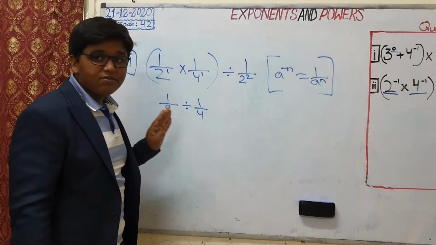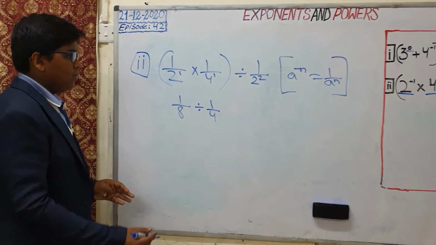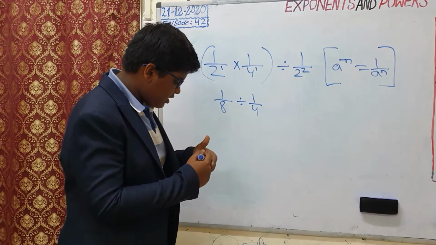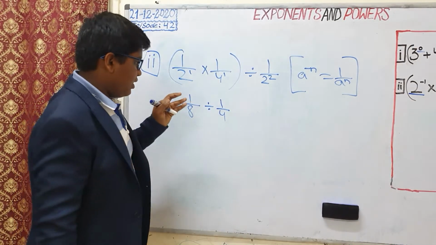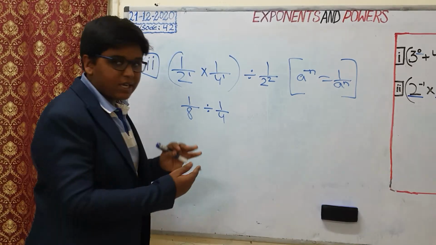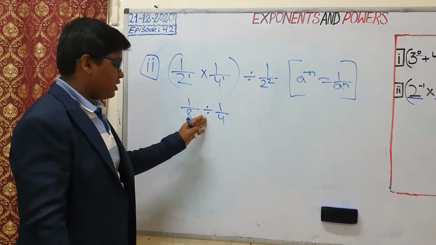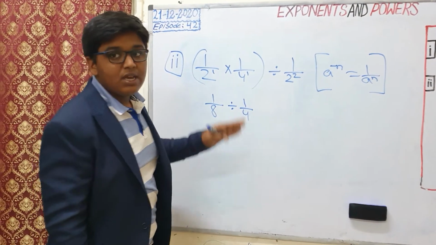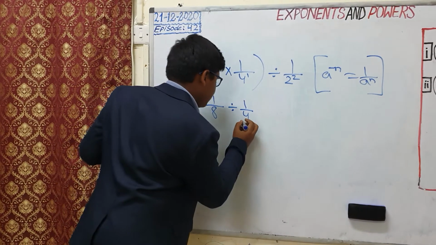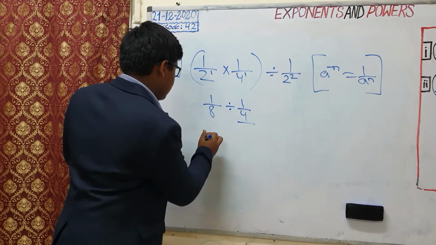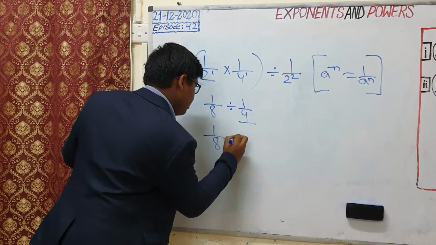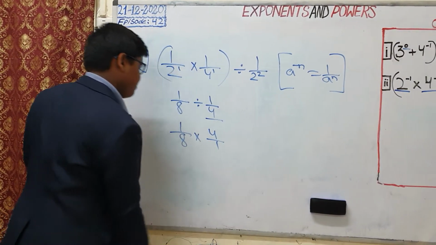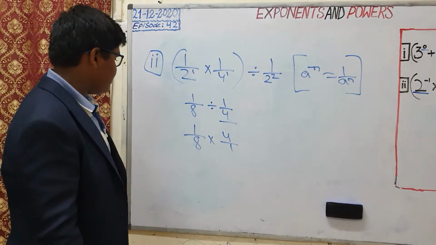Now here we have the division sign. What is the main rule of division in fractions? Convert this division into multiplication and write the reciprocal of the second fraction. So let's apply it: 1 by 8 into 4 by 1. This is the property which we use here.